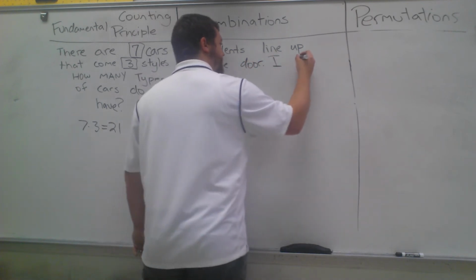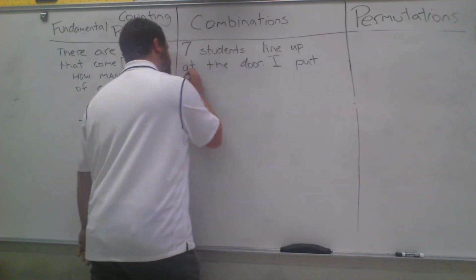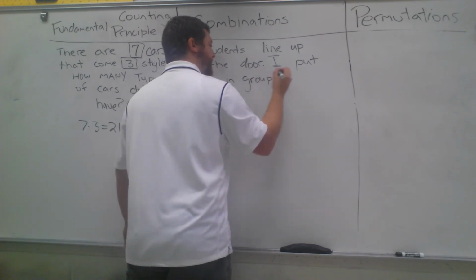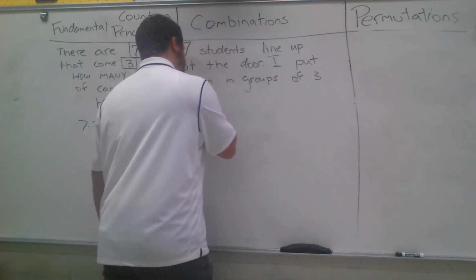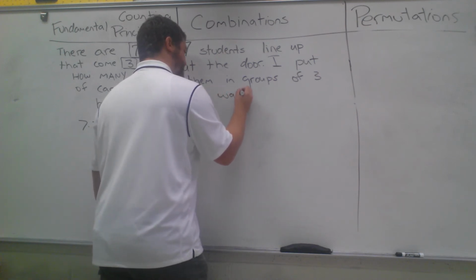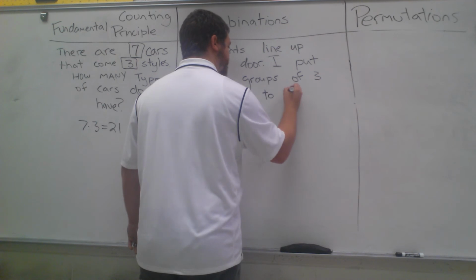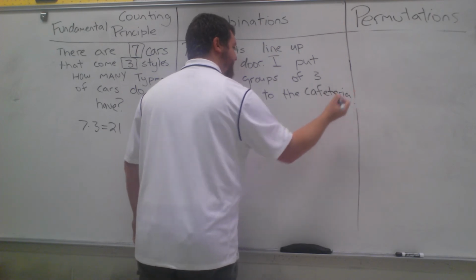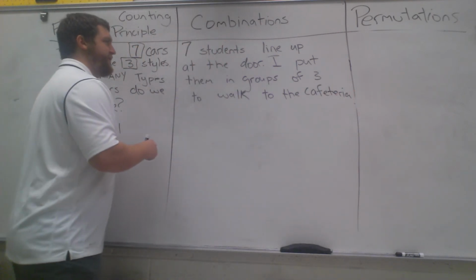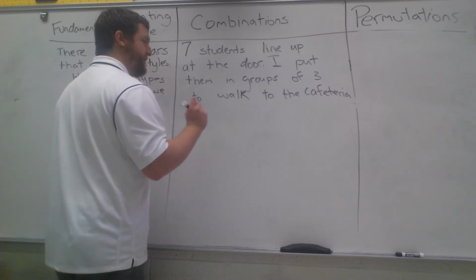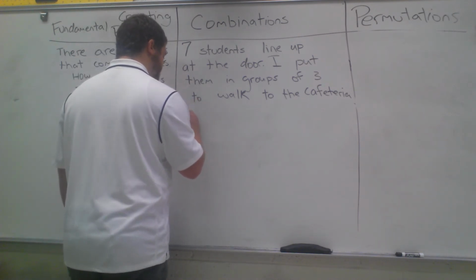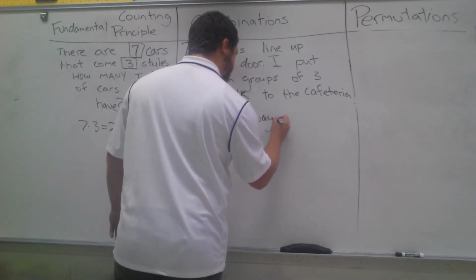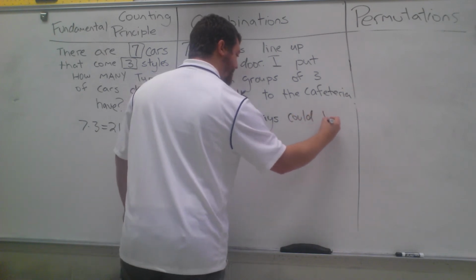I put them in groups of 3 to walk to the cafeteria. Apparently you need 2 buddies to walk to the cafeteria. Okay, 7 students line up at the door. I put them in groups of 3 to walk to the cafeteria. How many ways could I group them?